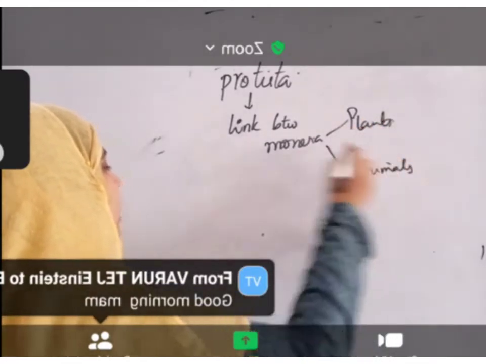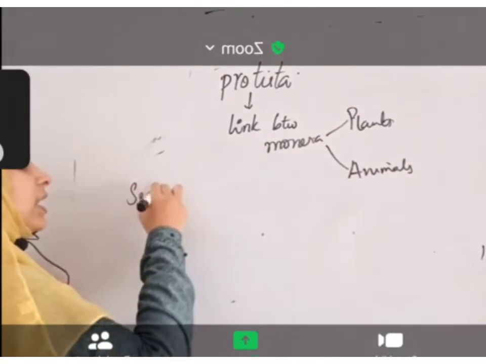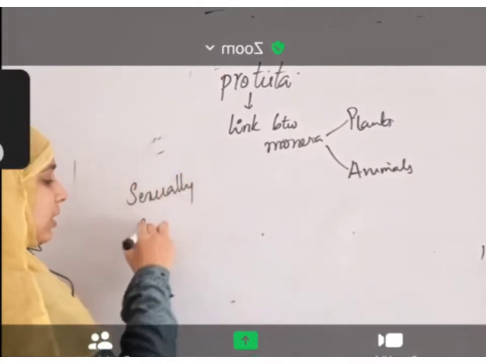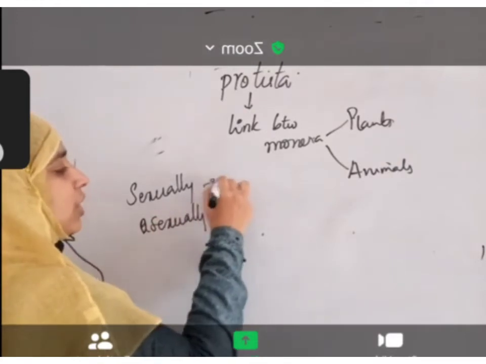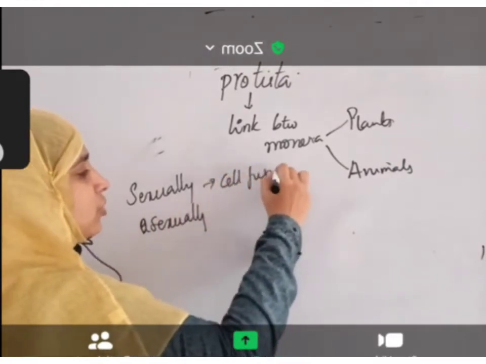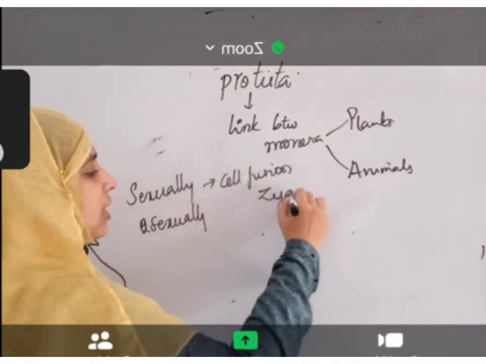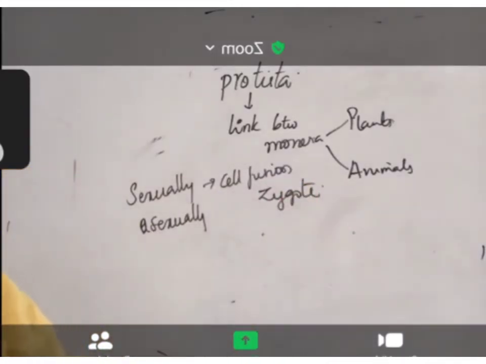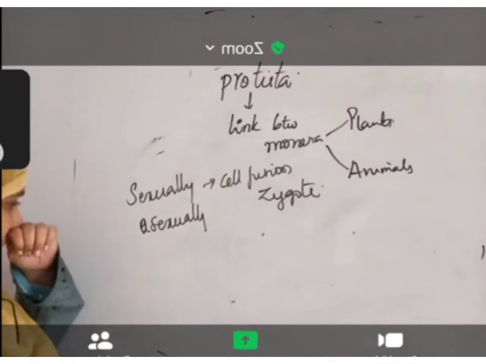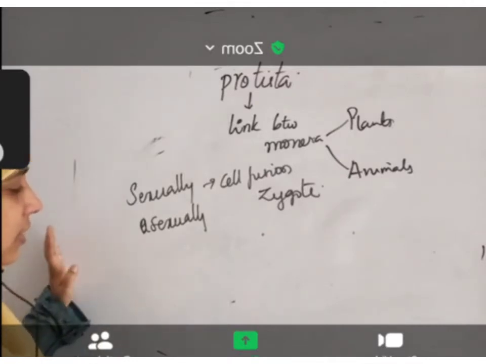They reproduce sexually as well as asexually. They can reproduce sexually by cell fusion and formation of zygote, or they can reproduce asexually also. We'll discuss how asexual reproduction occurs also, right?